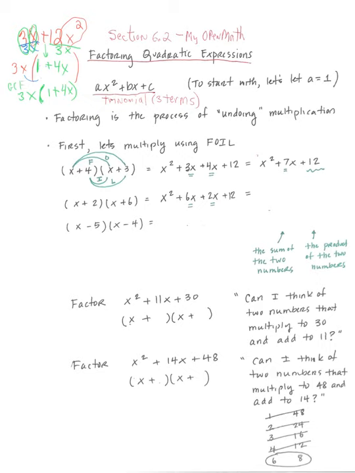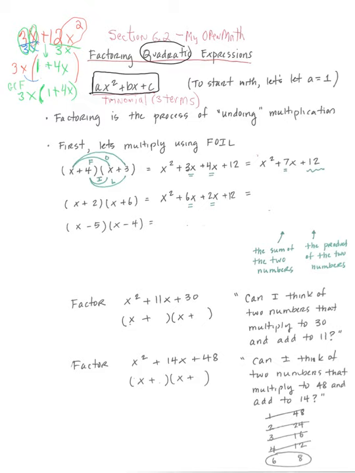Okay, so we said that the process of factoring is creating multiplication. So today we want to talk about factoring quadratics, which was the entire chapter 5 unit. And we remember that the quadratic standard form is ax squared plus bx plus c.